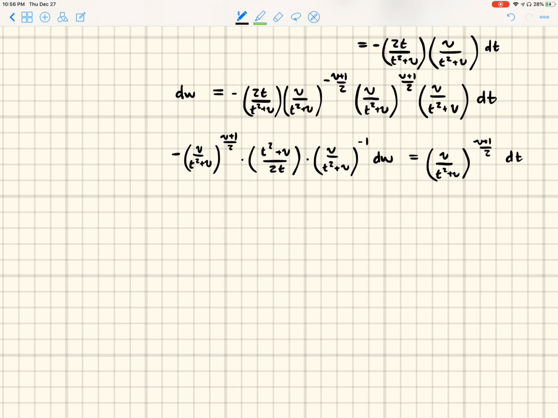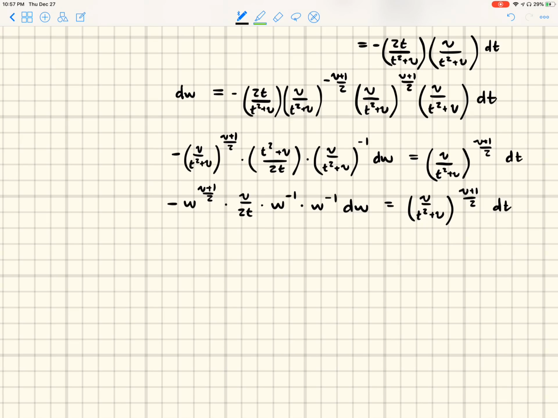In other words, we can write negative w to the v plus 1 over 2 times, well, if we multiply by v over v, we're going to get v over 2t times w, and then we'll have a w inverse times w inverse again, dw, and that's equal to the term on the right.